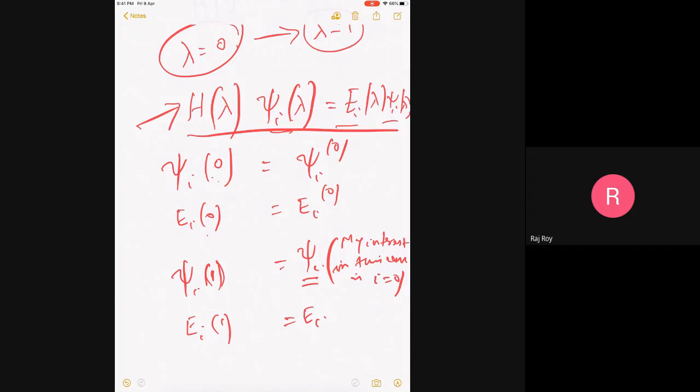Please tell me if there is any problem. Initially, there are some symbols, and the symbols are important.